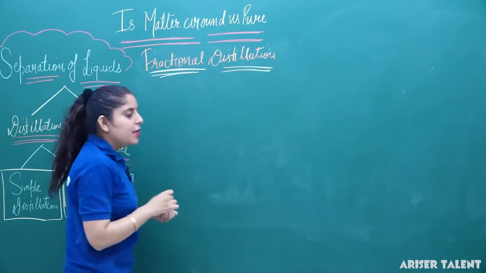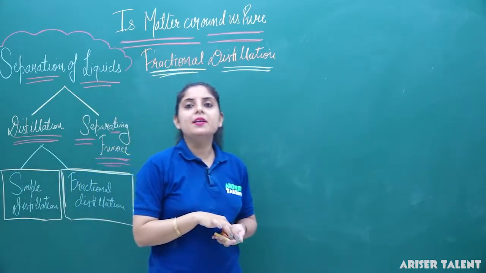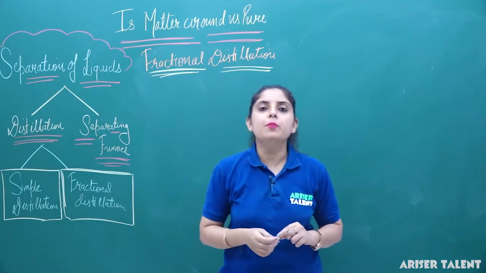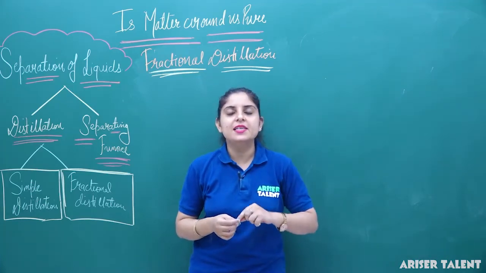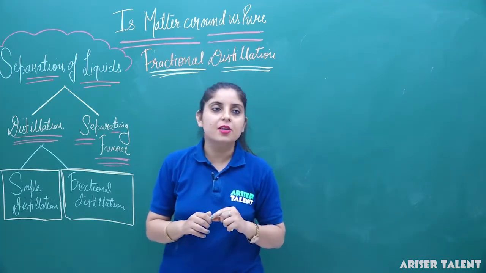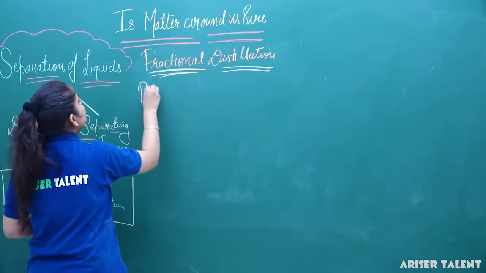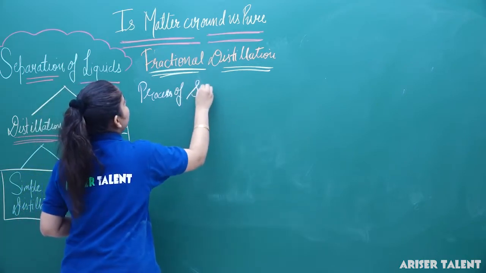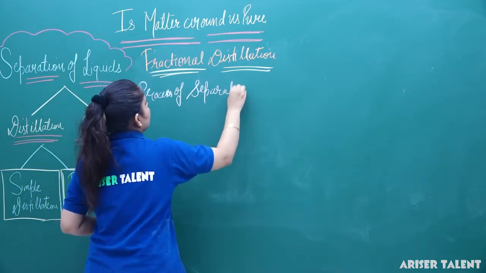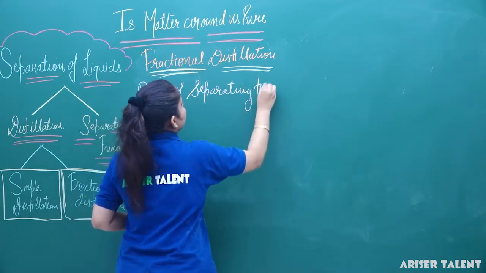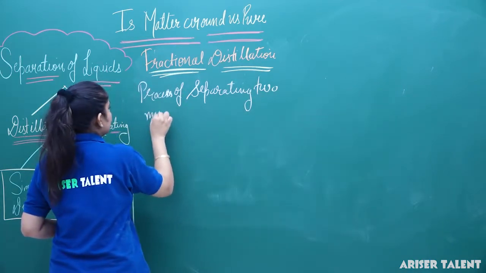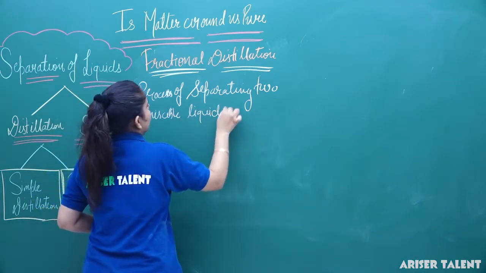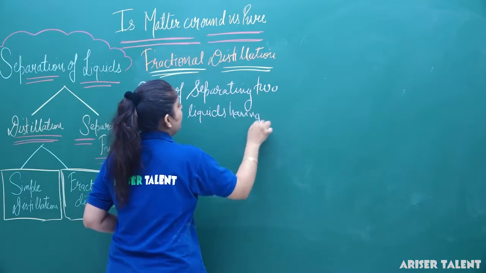Fractional distillation is actually a process of separating two miscible liquids which have a boiling point difference between them, but the difference should not exceed 25 degrees Celsius. It must be less than 25 degrees Celsius. So it is a process of separating two miscible liquids having a difference in their boiling point.